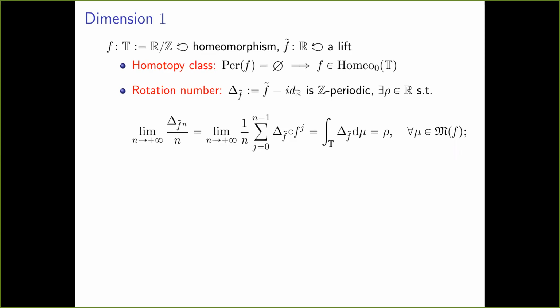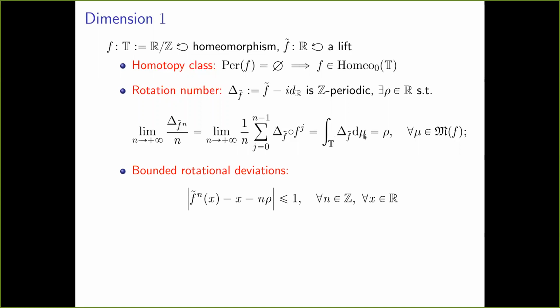But this is not the only important property for the rotation number. There is another one which is stronger than the existence of the rotation number, which I call bounded rotational deviations. The idea is that if you consider any point and you take n iterates of the point and you compare the displacement of the n-th iterate of the point x with the displacement with respect to the rigid rotation, the difference is always bounded by 1.